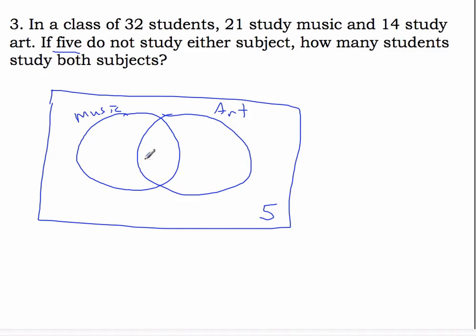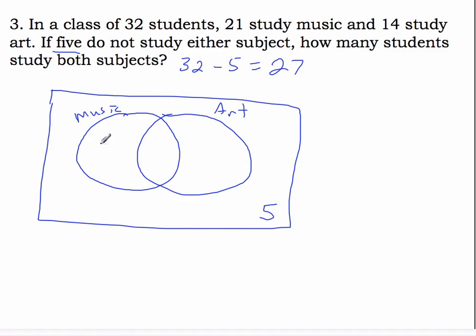What we don't know is the intersection here, right? But we do have 32 students, and there's 5 that don't study either. So that's 27 students. Both of these, the music and the art, should add up to 27.